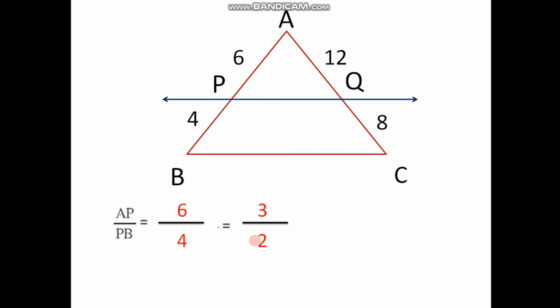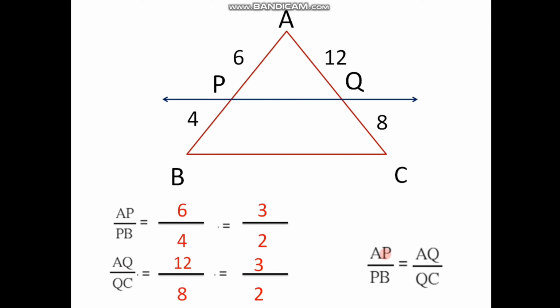The same way, if we take the ratio of two sides which are made on side AC by line PQ, that is AQ divided by QC, we have the lengths of AQ and QC as 12 and 8. So if we replace here, we get 12 divided by 8. Again, if we simplify or if we divide these two terms by 4, we get again 3 by 2. So as you can see, AP divided by PB is equal to 3 by 2 and AQ divided by QC is also 3 by 2.